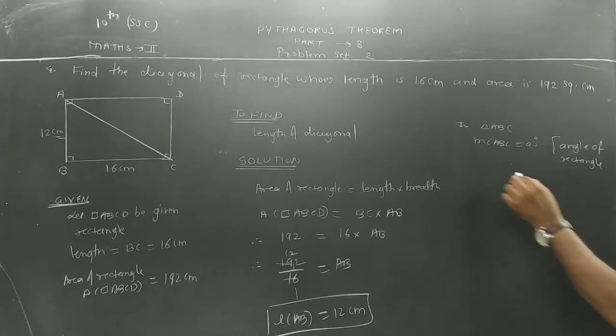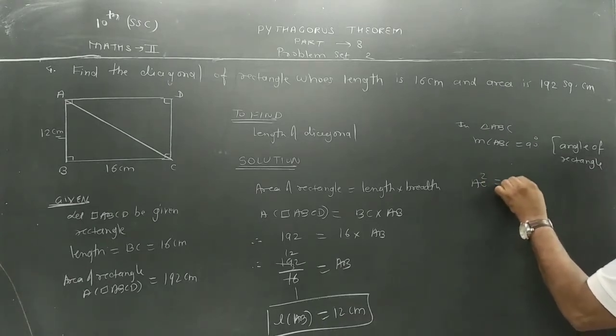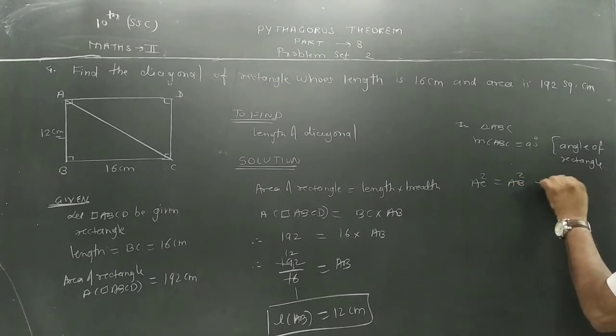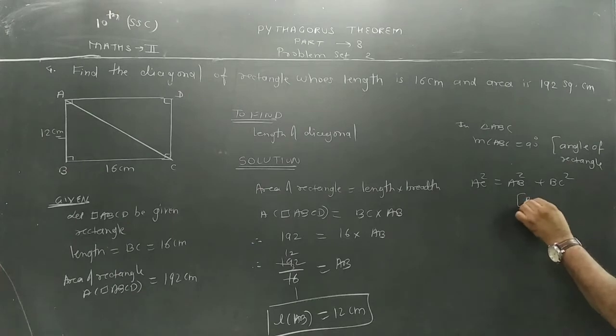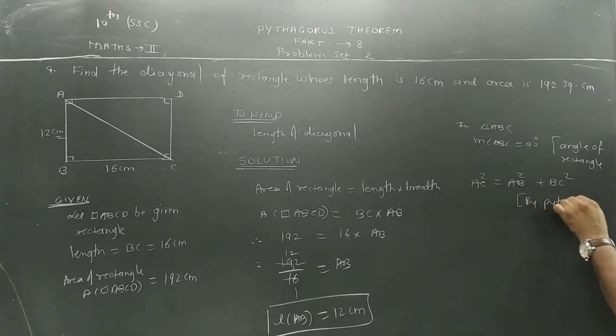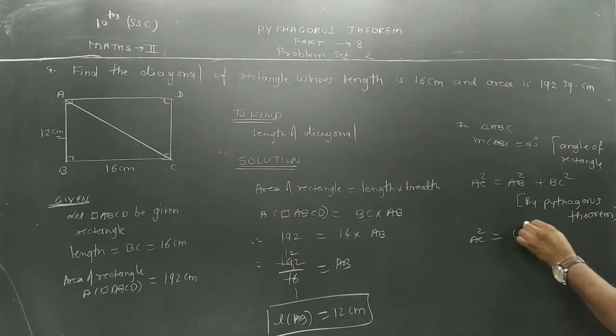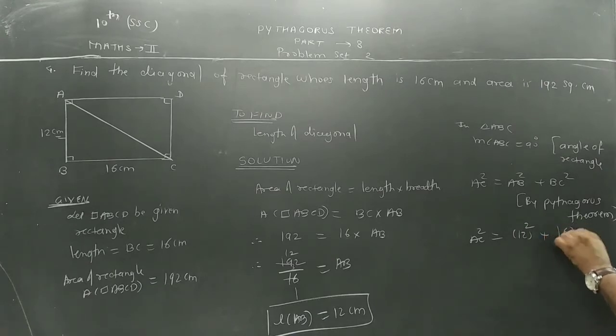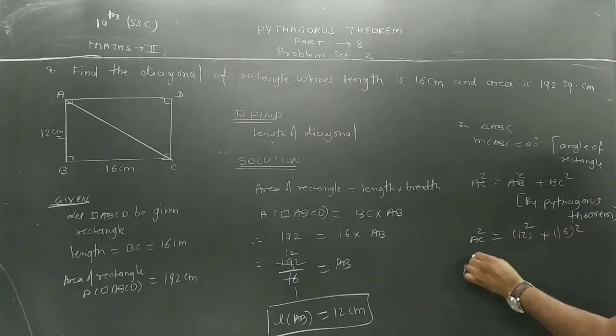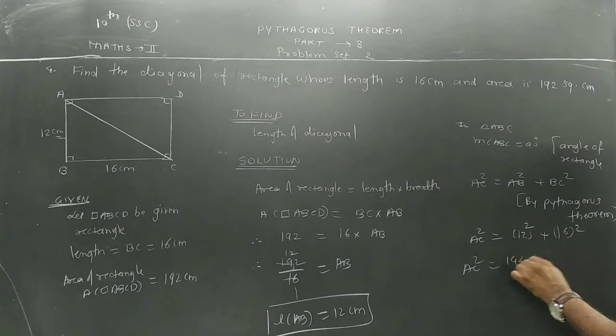AC square is equal to AB square plus BC square, that is by Pythagoras theorem. So AC square is equal to AB square is 12 square plus 16 square.